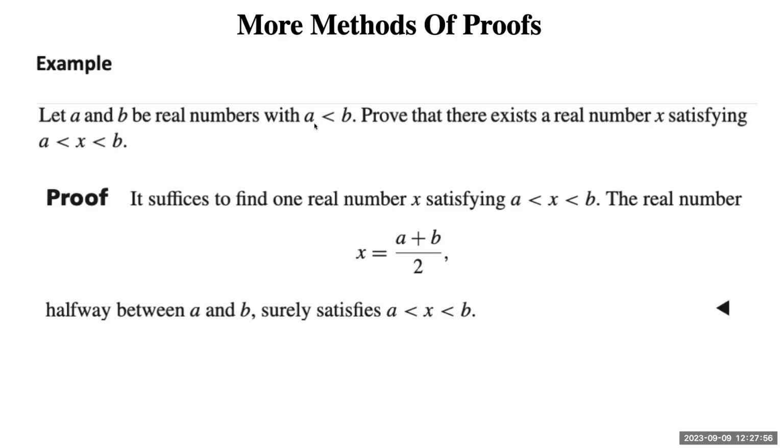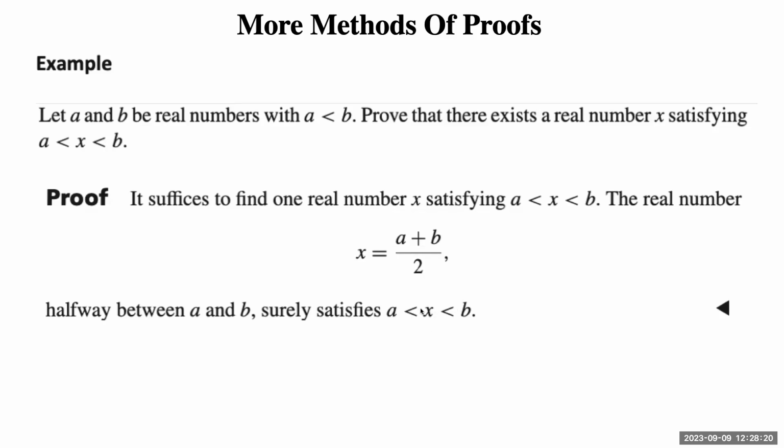Right? So in other words, say A is 3 and B is 4. Or better yet, say A is 2, B is 4. 2 plus 4 is 6, divided by 2 is 3. 3 is the midpoint between 2 and 4. It's guaranteed to be there. So for any A and B, where A is less than B and they're both real numbers, if I add them and divide by 2, I get the midpoint, the distance halfway between them.